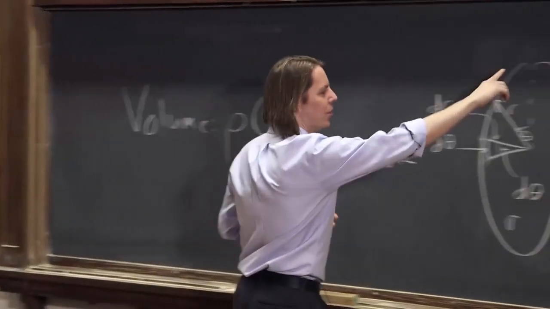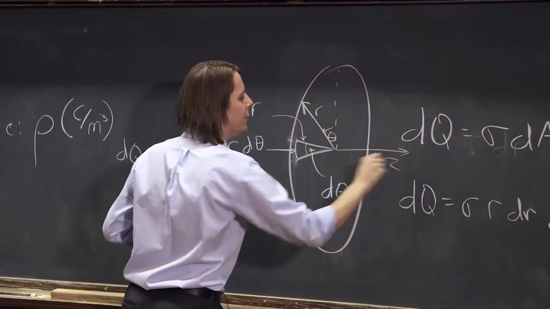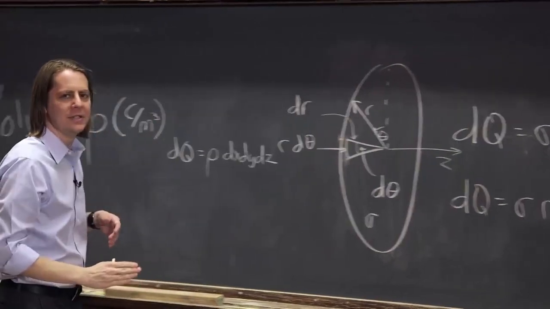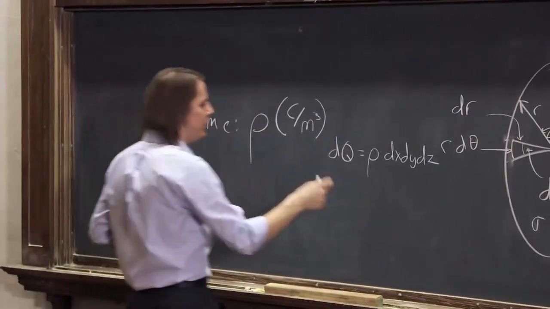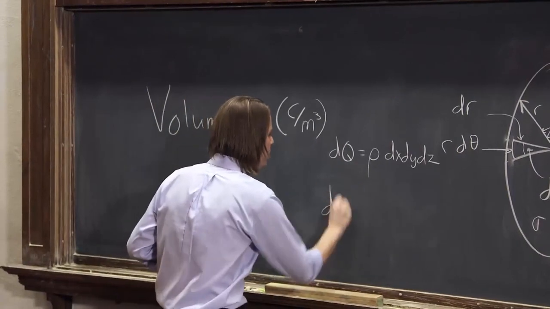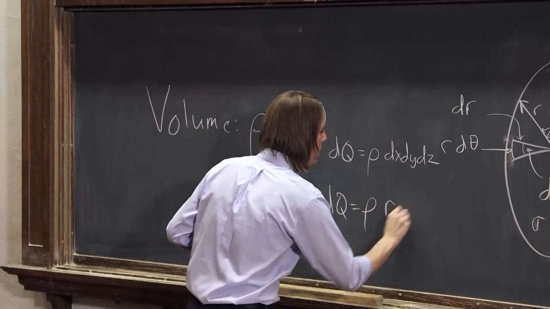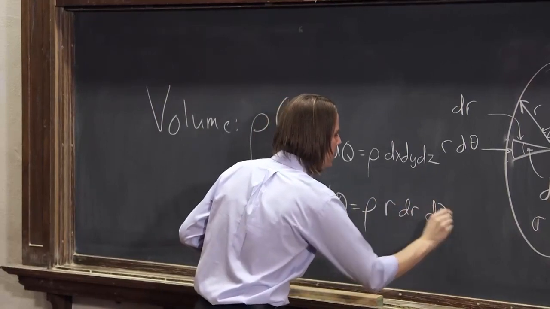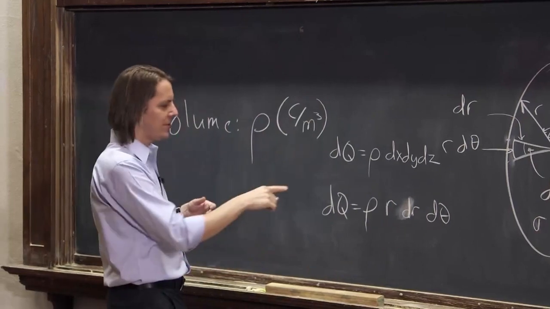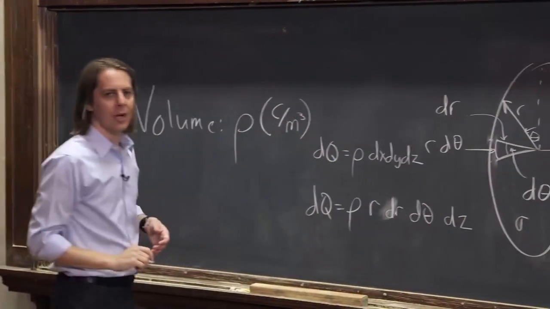If we look at our circle here, our polar coordinate system, if we just add z, you can imagine this little area we talked about before coming out in dz. So dq would be rho times r dr d theta, that's the area, and then we just add dz. That would turn it into a volume.